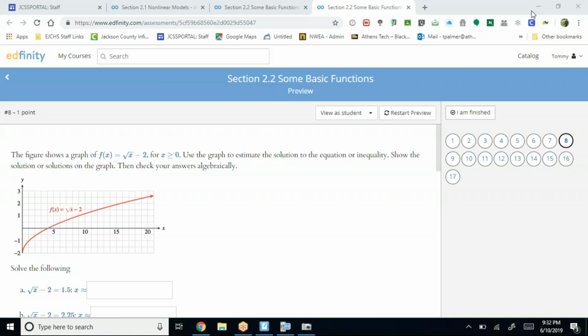Okay. When you go in to take your midterm this week, whatever day you choose, you'll go in and check in. They'll check your ID and make you sign a piece of paper. And then you just pick out a computer and you'll have your note formula sheet, right? And your calculator. And you'll go to Edfinity and it will be open.